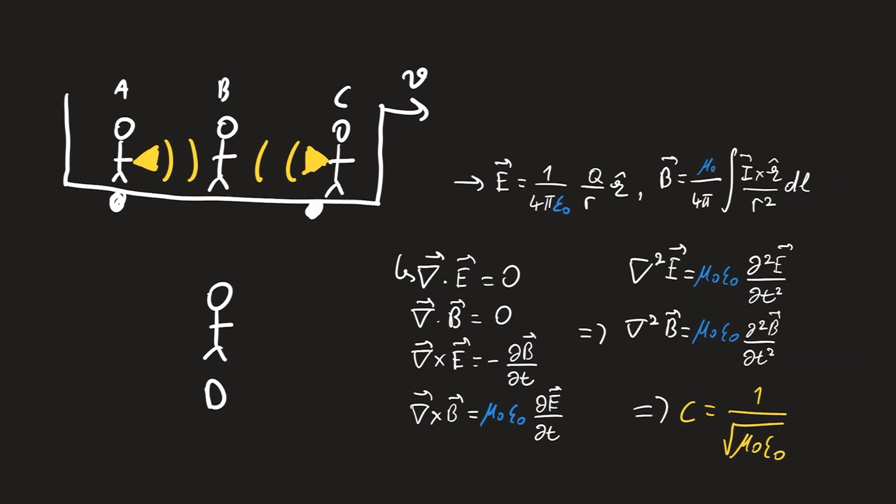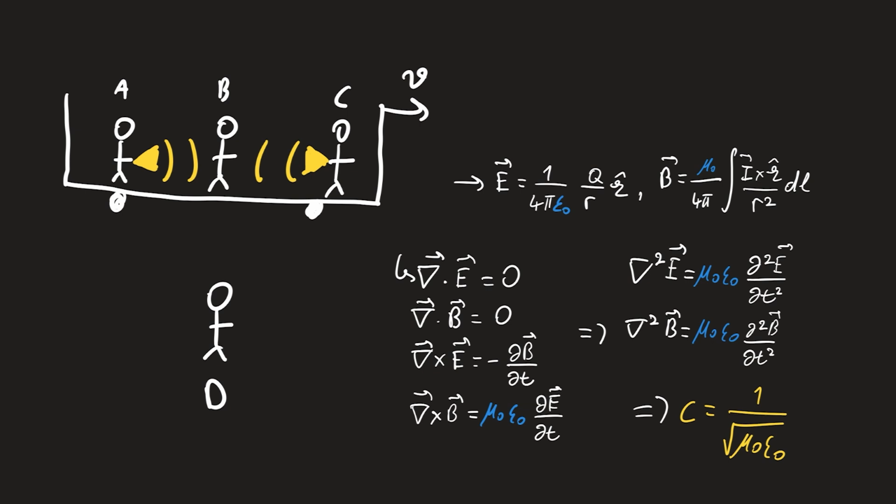So, with that, we now have the 2 postulates in place. These are the postulates that Einstein used to build relativity. The classical principle of relativity, as we have invoked already, and the constancy of the speed of light.